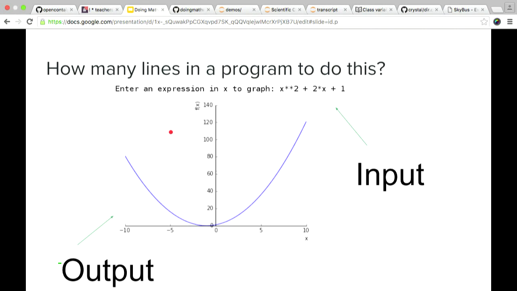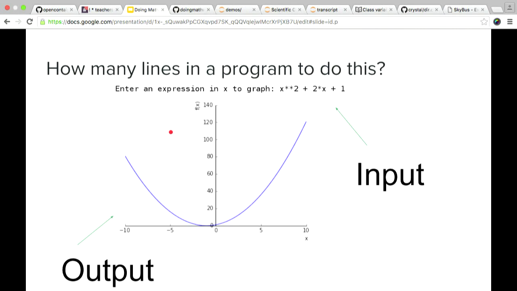But the problem with that is the function that you're trying to plot would be needed in your program. You wouldn't be able to take x squared plus x plus 1 as an input, right? So that's a drawback. I'll show you a program in a few minutes which is 4 lines, and it allows you to enter any expression in X, and it'll draw the graph.